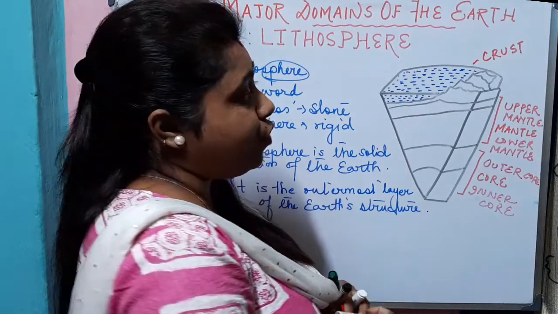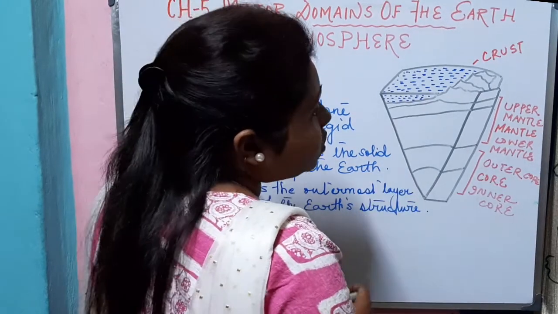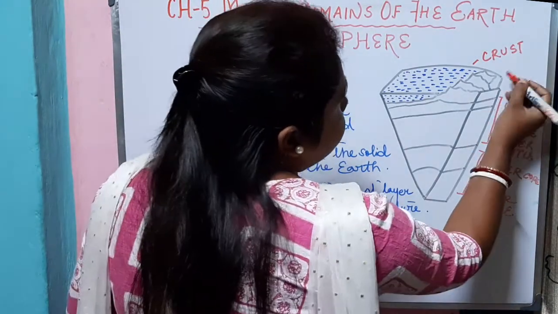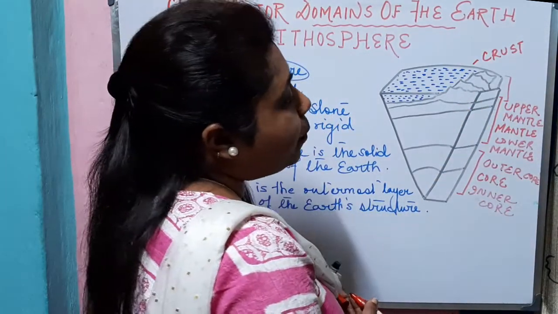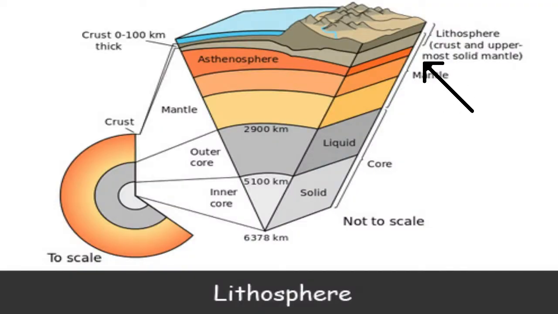Now what is lithosphere? Where does it lie? Lithosphere includes the crust and the upper portion of the upper mantle. So this portion is regarded as the lithosphere.